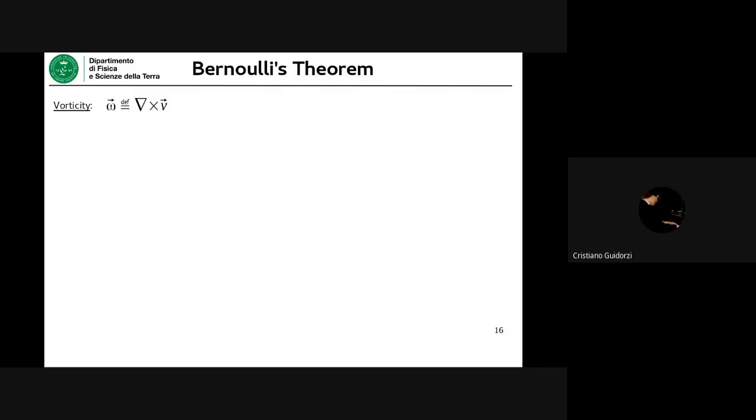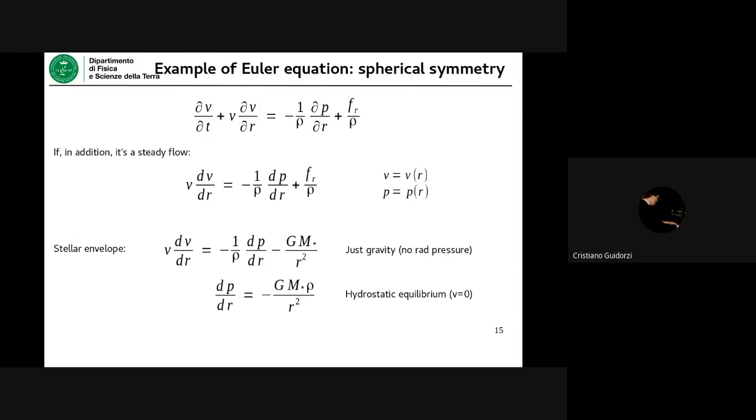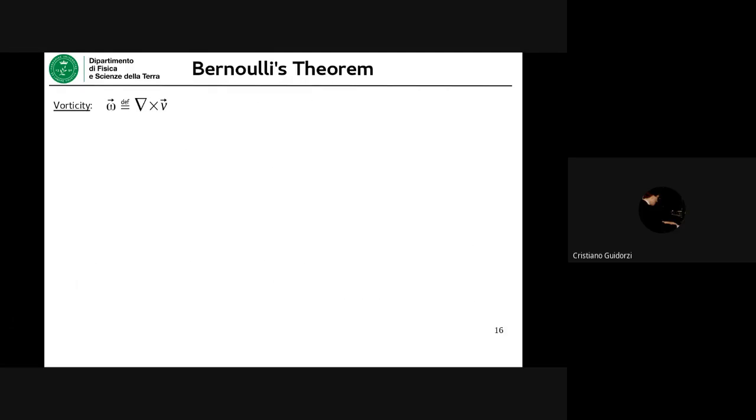Okay, so moving on, we'll obtain a generalization of a result that you know very well from your previous studies, but put in a more general context, which is Bernoulli's theorem.